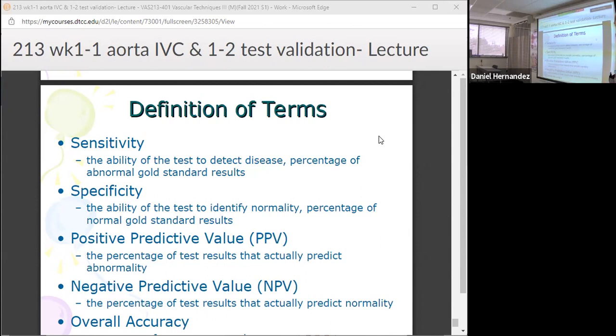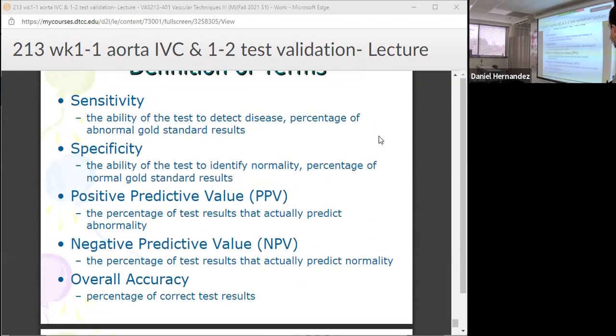We also have positive predictive values and negative predictive values. So these are the percentage of test results that actually predict an abnormality or disease. And then negative predictive value is a percentage of test results that actually predict the absence of disease or normality. And we're also able to calculate overall accuracy of our test.